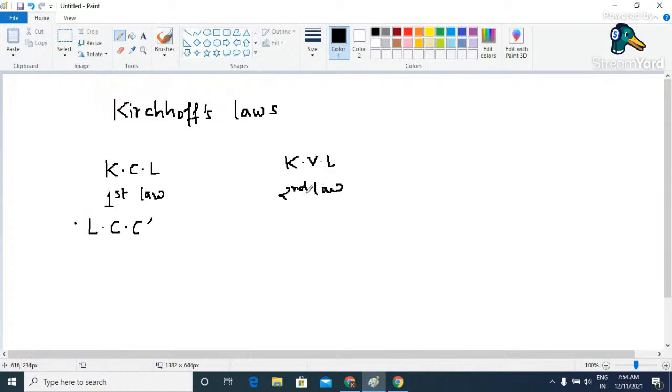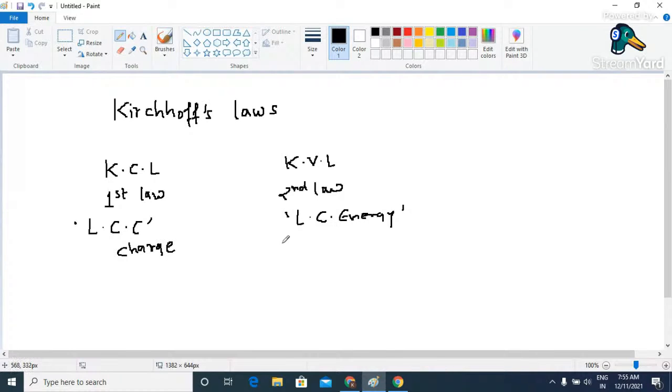That's why Kirchhoff's voltage law is also known as the law of conservation of energy. Here we have the law of conservation of charge, and here we have the law of conservation of energy. This is very, very important.